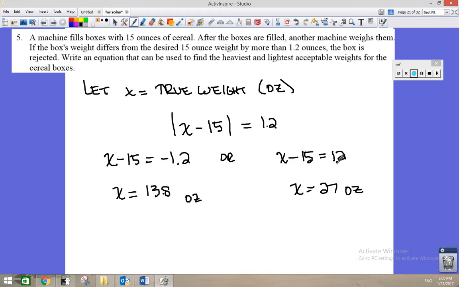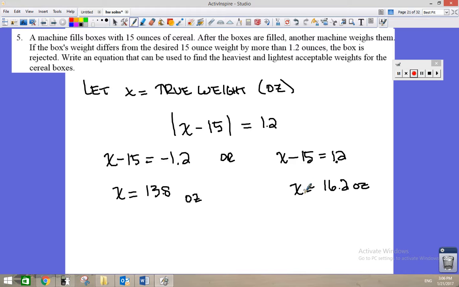1.2. I was like, man, that's a lot. When I wrote that down, I didn't write down the decimal. All right, so if we add 15 and 1.2, that's 16.2. Sorry about that. Somebody might say, man, I only wanted 15 ounces of this, I didn't want this much.